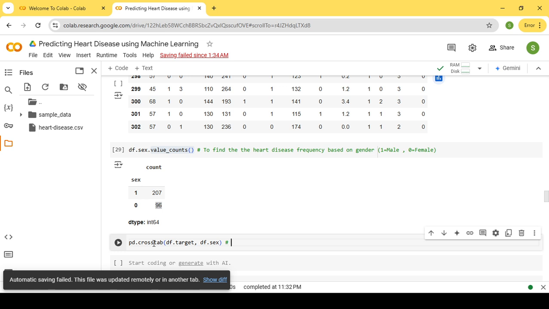That will help us compare the target variable or column using cross tabulation. So let's run this code and then we can discuss more about the findings.